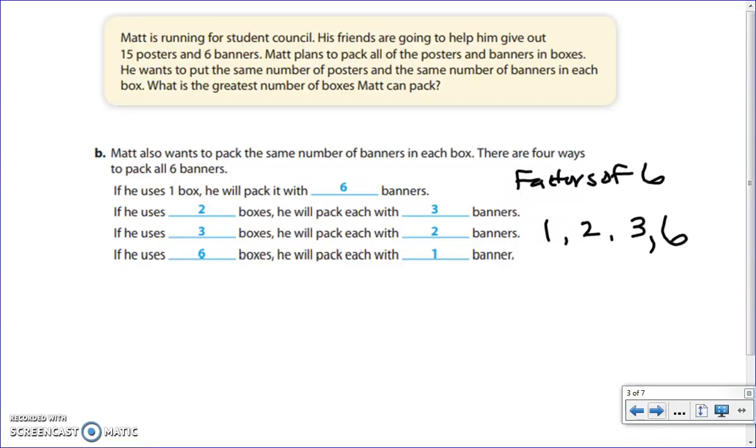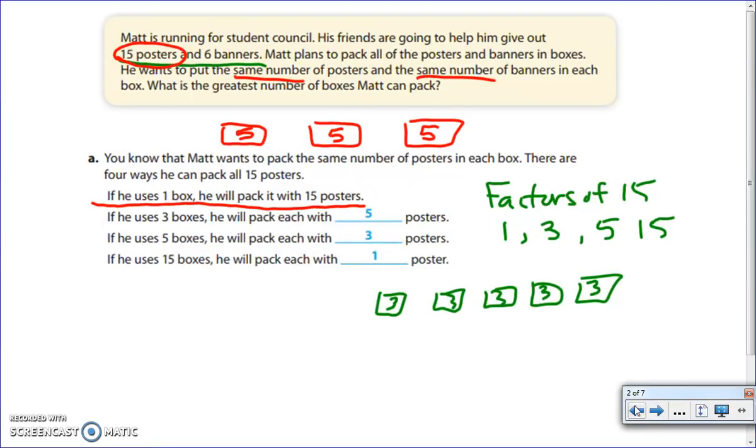We need to find a scenario that's going to work between part A and part B, where he can pack the same number of boxes and they will still be equal. So I'm going to be looking at this first row of numbers. Okay, and I'm going to try to find a common factor, one that they share in common. I want to know if we can find the same number of boxes in both of them.